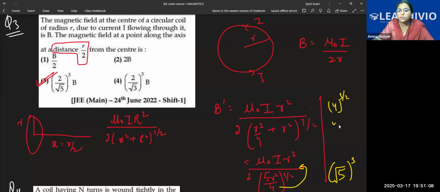We can write this as 4 to the power half to the power 3. What is 4 to the power half? It's 2. So 2 to the power 3. And in the rest of the terms, mu naught I, r square, we already have r square from here. These will be cancelled, so this will be left. Got it?